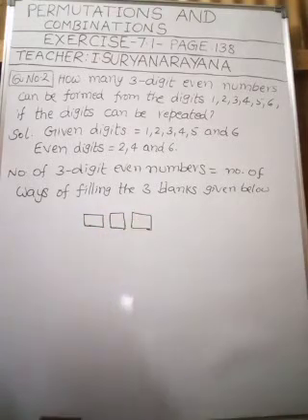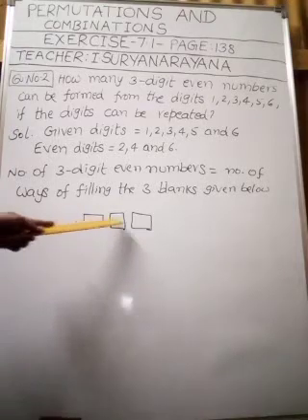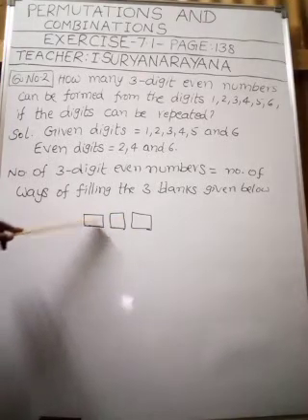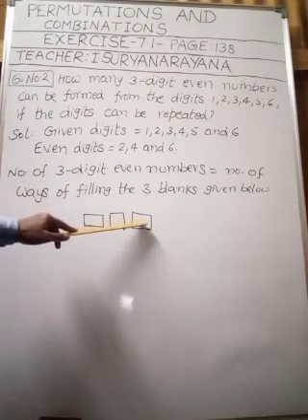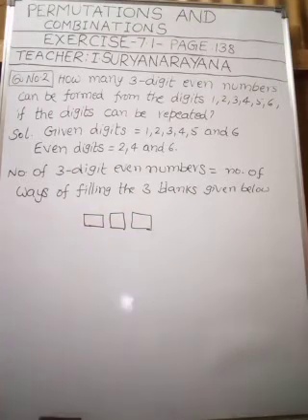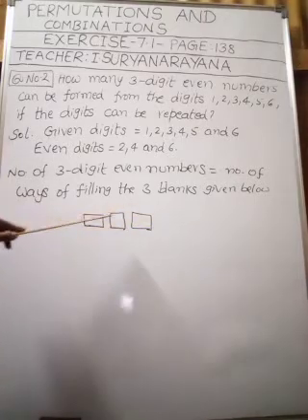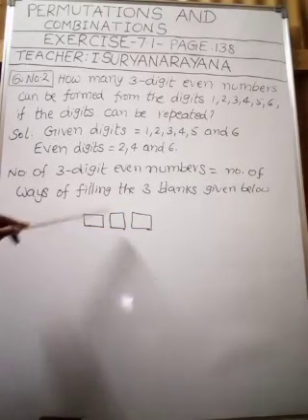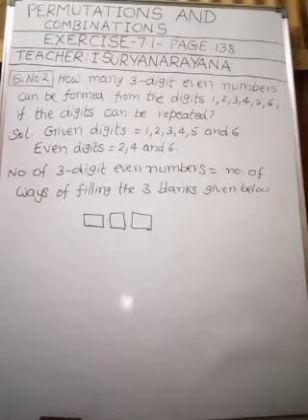So there are three events. Three jobs are there. Filling the hundreds place, filling the tens place, filling the units place. We have to perform these three jobs one after the other. After one job is completed, we have to perform the other job.